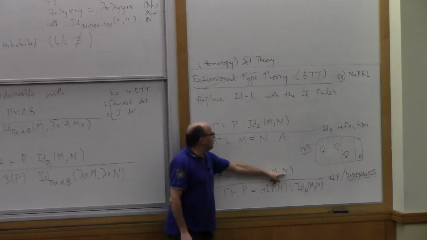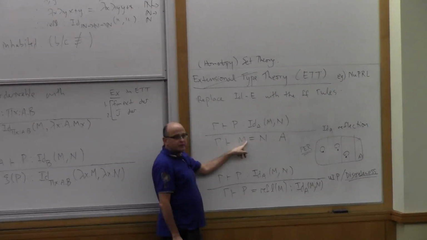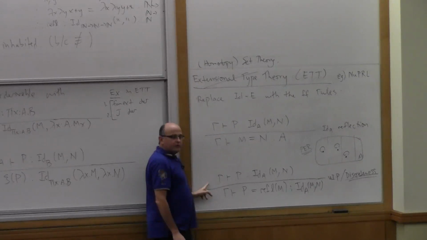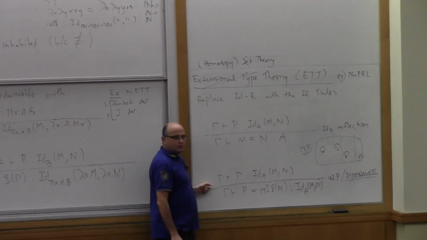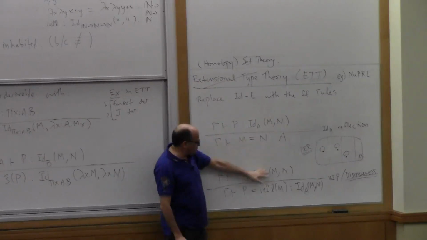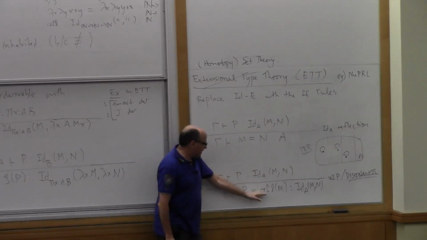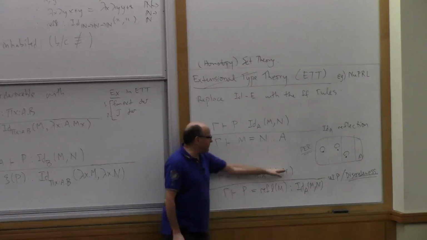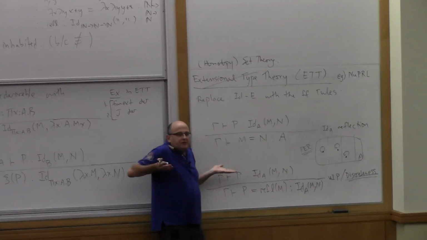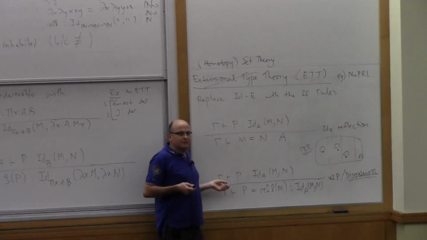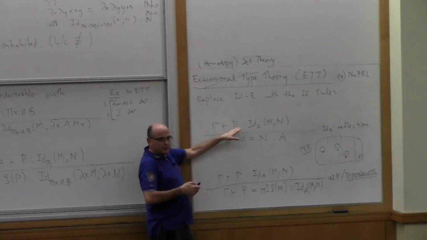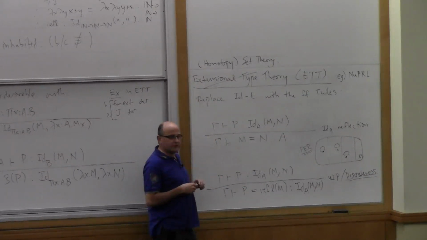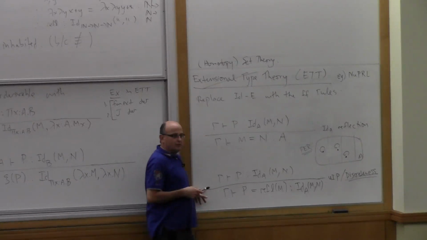And so the only way to know that is to use the identity reflection. So these two things go together. You can't just do this one. If you didn't have this around, this rule would not make type sense. Because the type of REFL M is Id M M, the type of P is Id M N, where it doesn't make sense to talk about it being REFL. Only if you have extensional identity reflection. So these two go together.